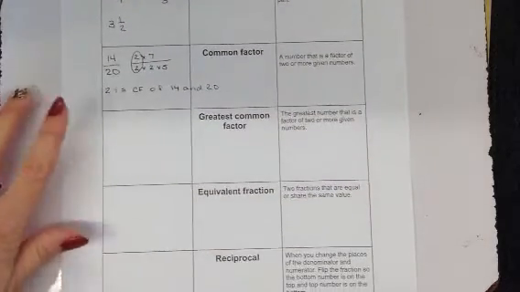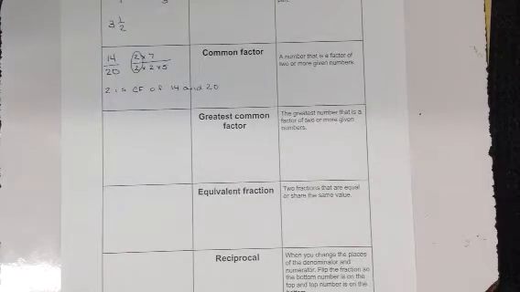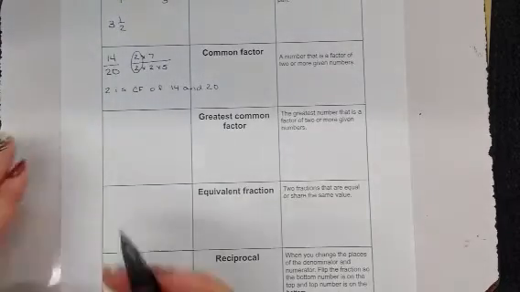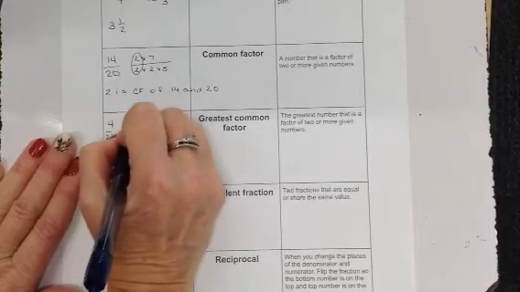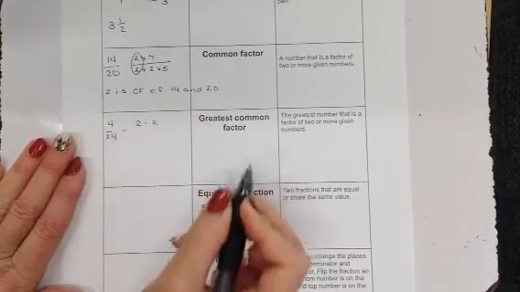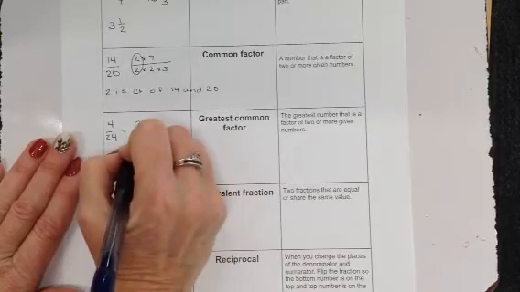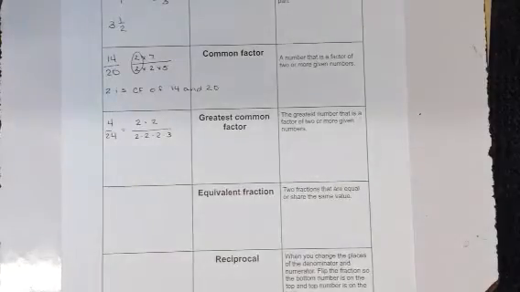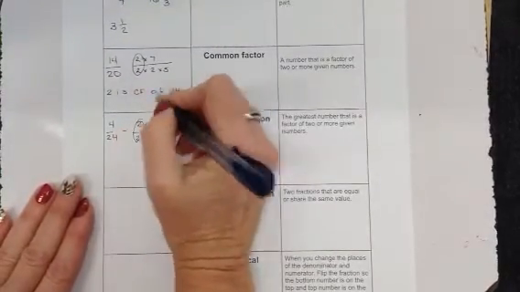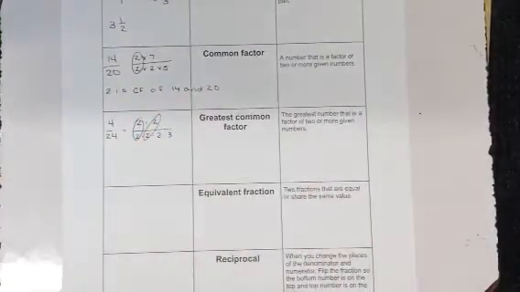Okay. Greatest common factor is the same thing, but it's just the biggest factor. So if I give you 4/24, I can say 2 times 2, I can also say 2 times 2 times 2 times 3, because 4 times 6 is 24. And 2 is a factor, and another set of 2's.